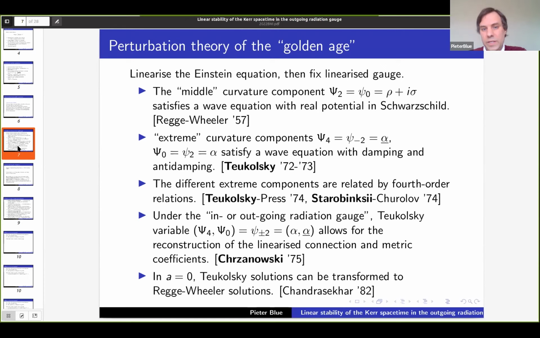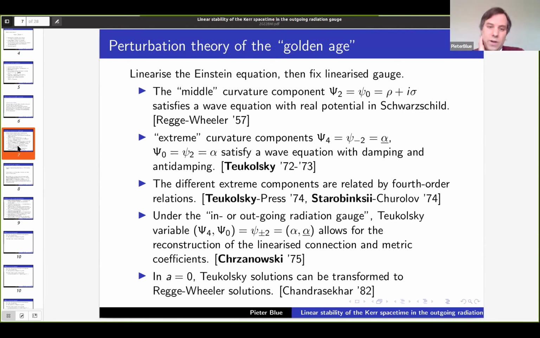So a year later than that, 2 groups, Teukolsky and Press, and Starobinsky and Churilov, found some other relations, which are now called the Teukolsky-Starobinsky relations, that relate the 2 extreme components to each other.